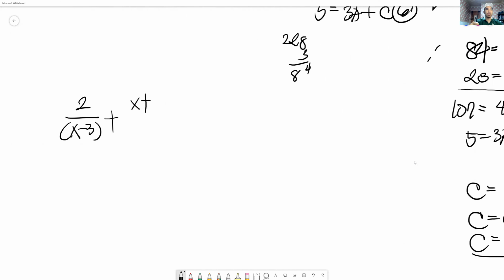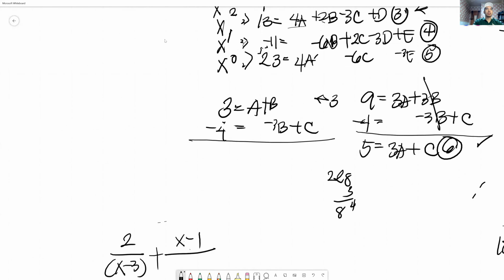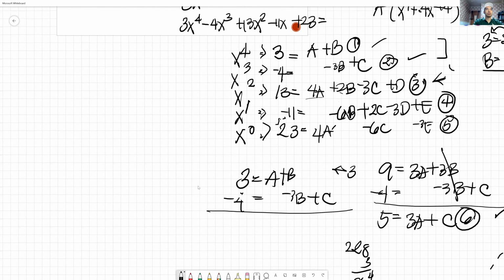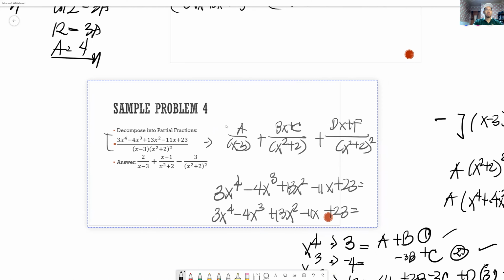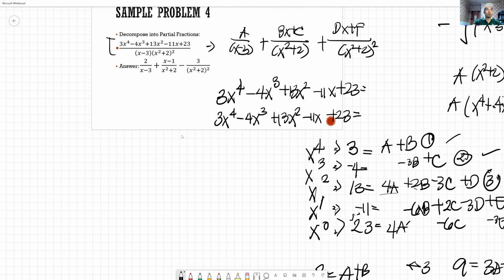Since that is negative 1, this becomes minus, over the first irreducible quadratic factor, which is x squared plus 2.